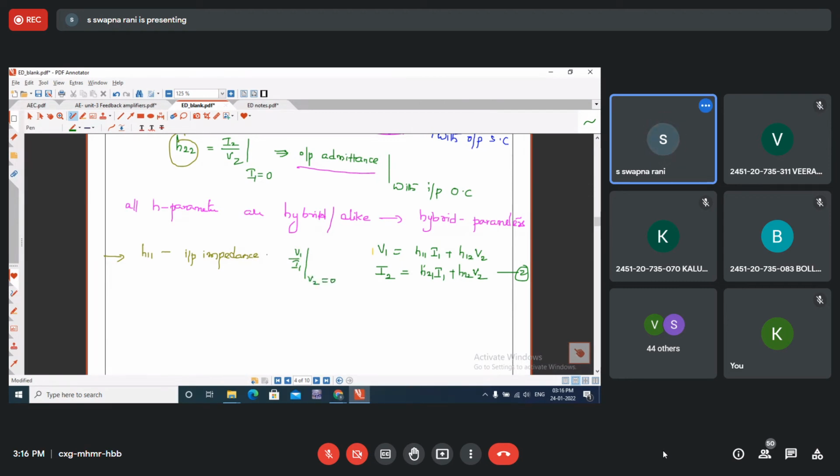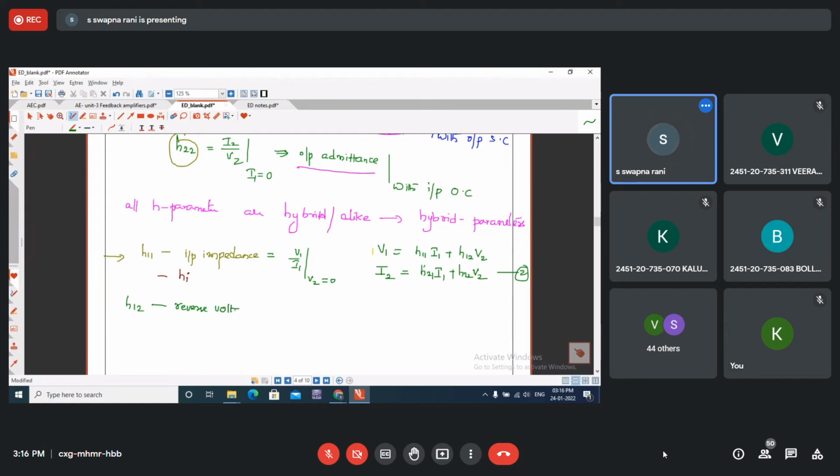Therefore, from now onwards we will write H11 as HI, input impedance. In a similar way, H12 we have called the reverse voltage transfer ratio.